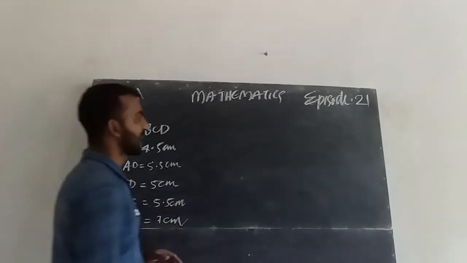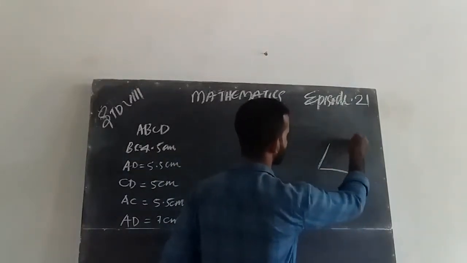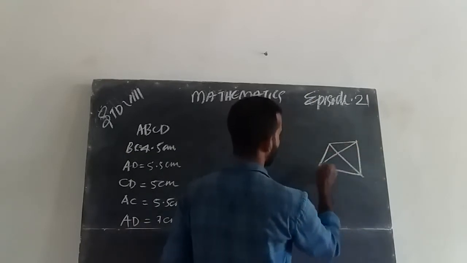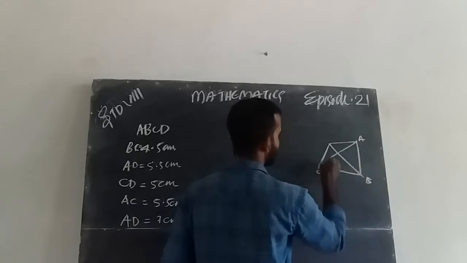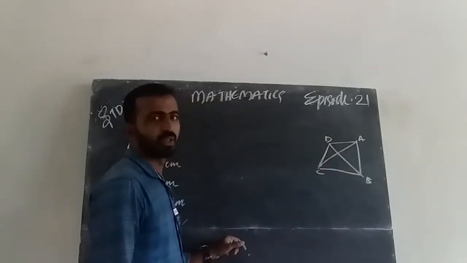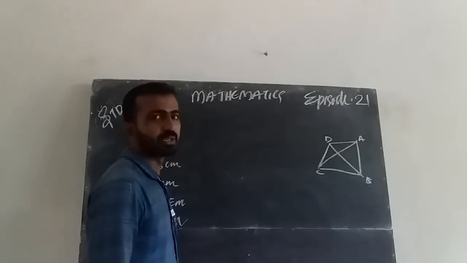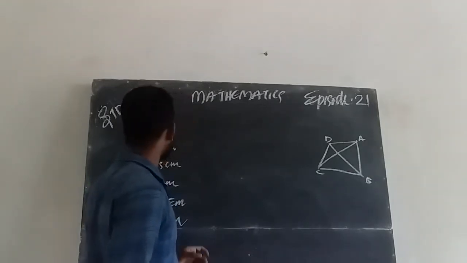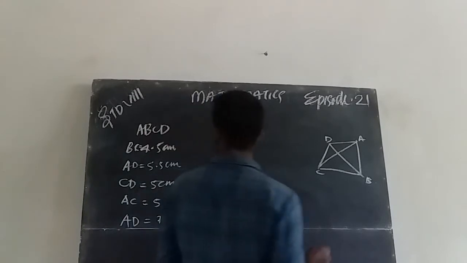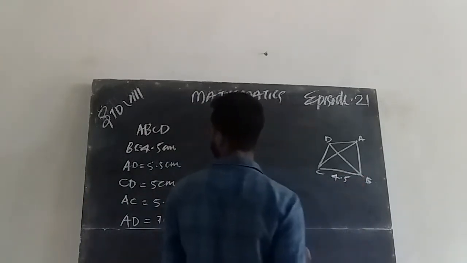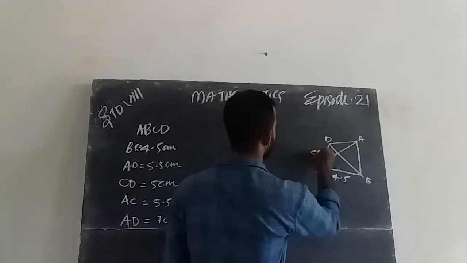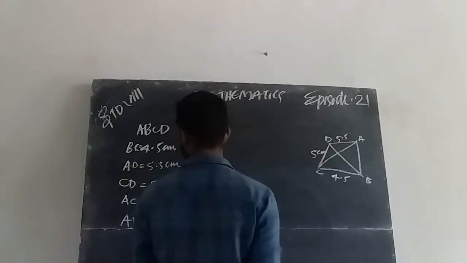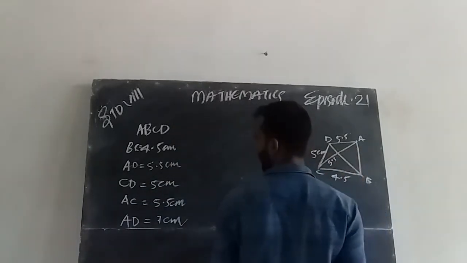That is, we draw a rough figure. We name A, B, C, D as you like. Whichever point you like, you can start with that side or that edge. Here BC is 4.5 centimeter and CD is 5 centimeter and AD is 5.5 centimeter and AC is 5.5 centimeter.